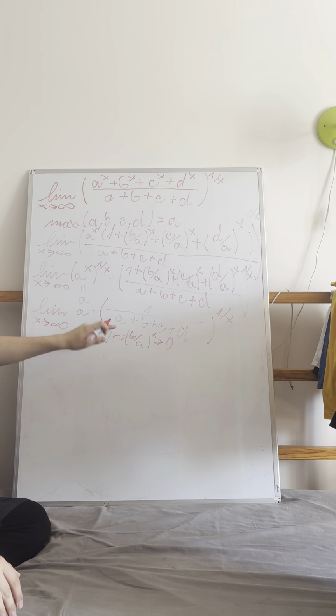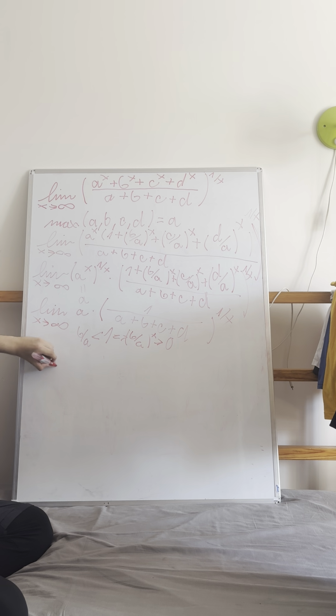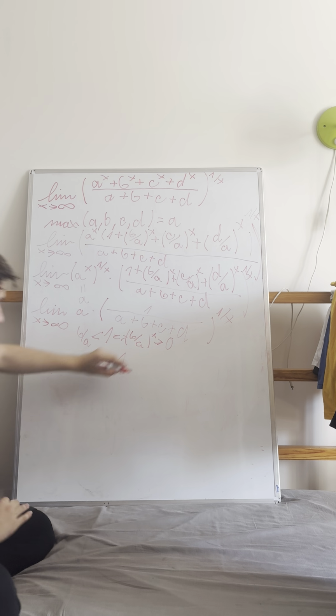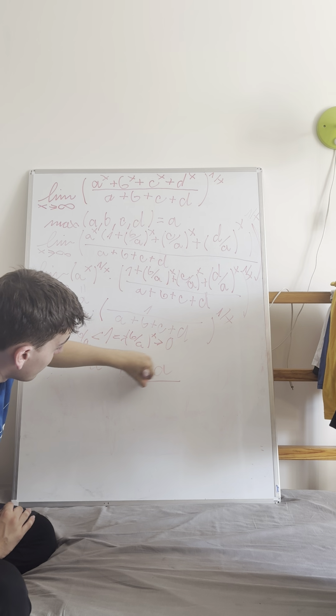So we just have that this all here, because of this x to the infinity, will be this to the power of 0, we will just have that it is limit x goes to infinity and a times 1. Oh, I don't even have to write this limit here. It's just gonna be a times 1, and that will be equal to a.